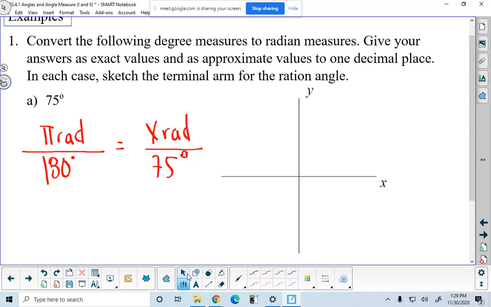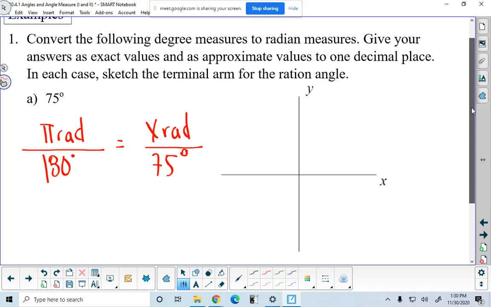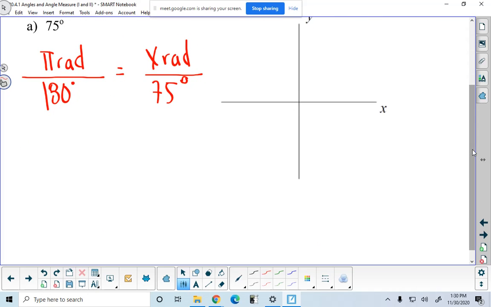If pi radians is 180 degrees, then the ratio of pi over 180 is always going to be the same. If you had 360 degrees, which is twice 180, you're going to have 2 pi, which is twice pi. So we're going to cross multiply here, except there's a little wrinkle. When we cross multiply, we get 75 pi over 180.